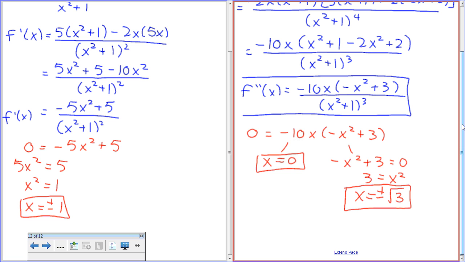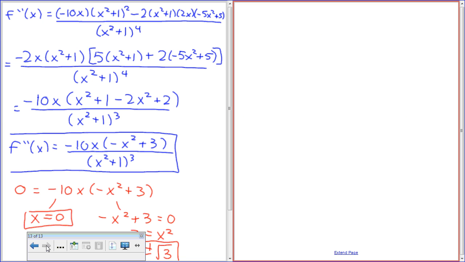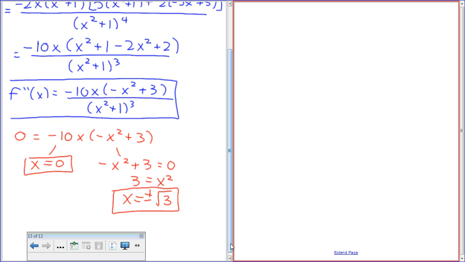I'm going to be kind to you guys and save you some time and tell you what the points are. I found f of 0 is equal to 0. I found f of negative root 3 is equal to negative 2.2.